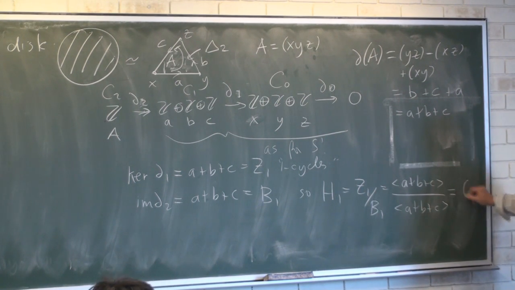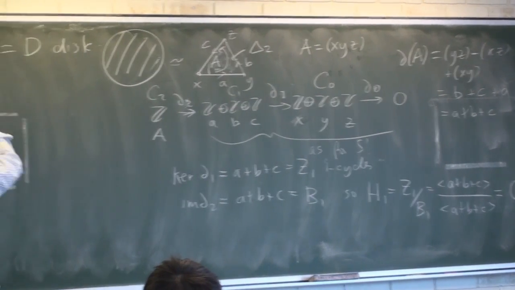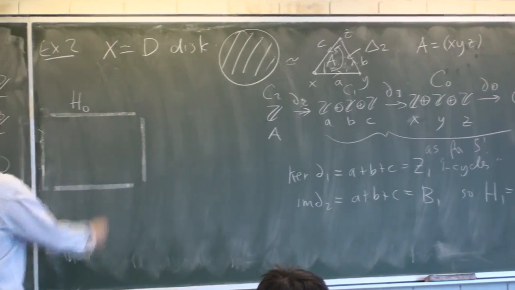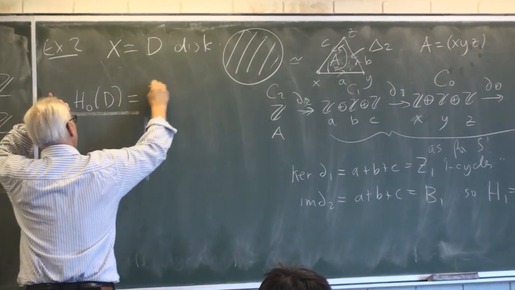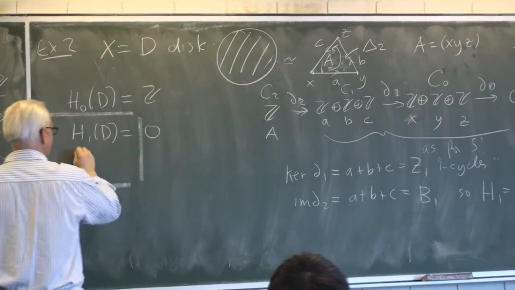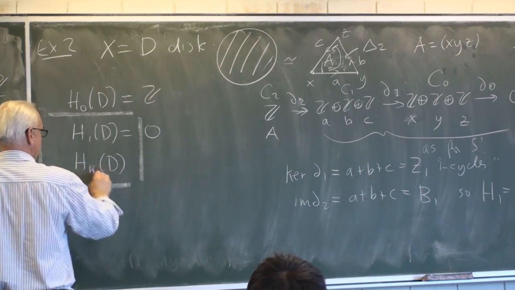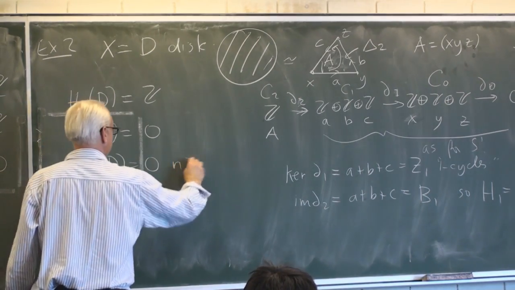And so the quotient is the 0 group. So the homology for the disk is H0 of D is Z, H1 of D is 0, and all the higher homologies, Hn of D, are also 0.